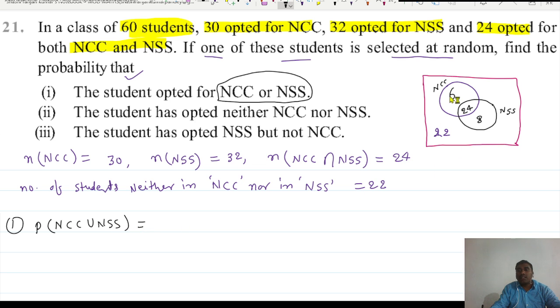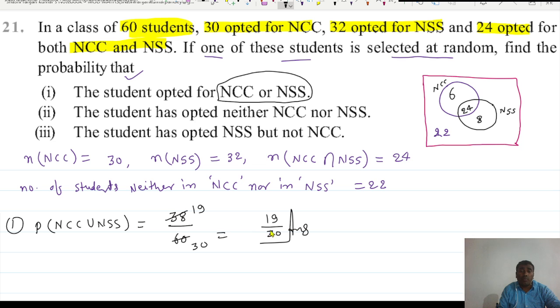So how many students are there? 6 plus 24, 30 plus 8, 38. 38 students are in this union. Total how many students can be? 60. So this is the answer. That is 19 upon 30. So the answer of this question is 19 upon 30.